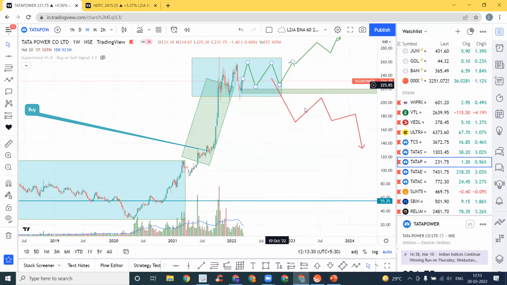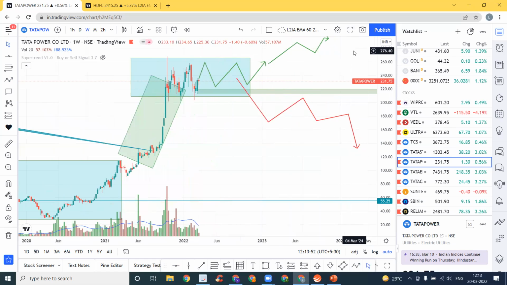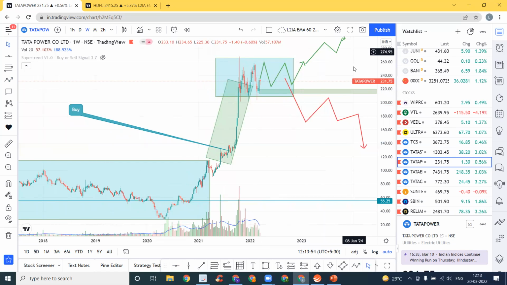It can become like this also. So to take a decision at this level, we'll have to wait for the breakout. Another way is to look for the formation of a demand zone where the FIs are entering. There are some other indicators also, something which I have not shown you, but there is an indicator down below, which is called RS.